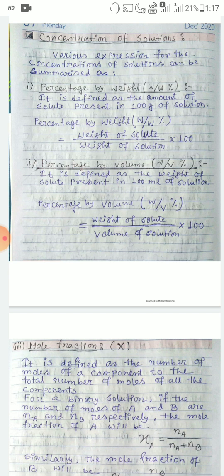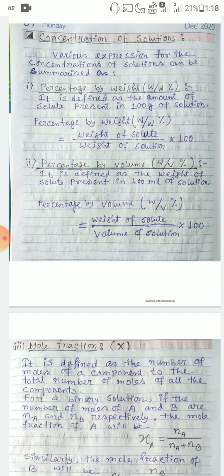First, percentage by weight, or W/W percentage. What is it? It is defined as the amount of solute present in 100 gram of solution. The amount of solute present in 100 gram of solution is the percentage by weight, or weight percentage, of the solution.